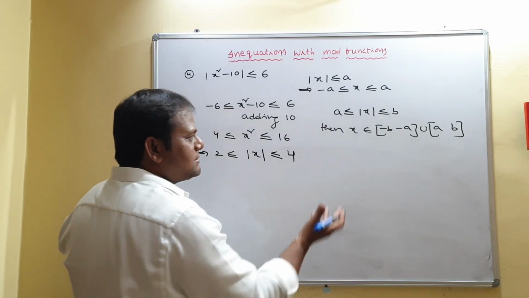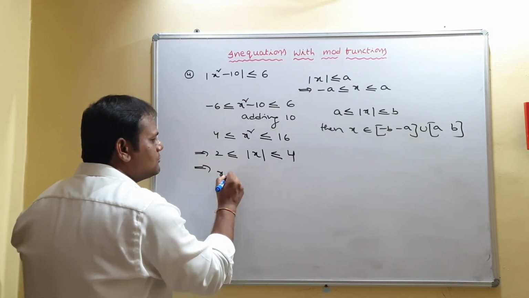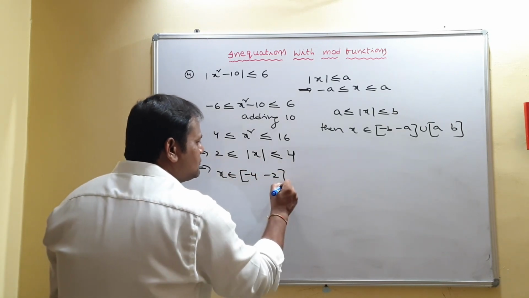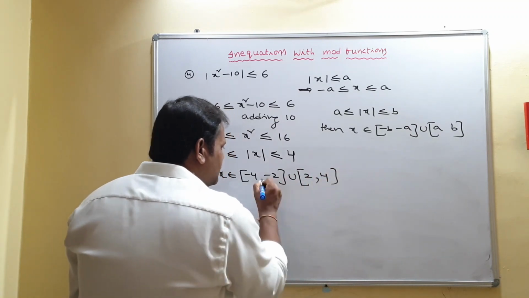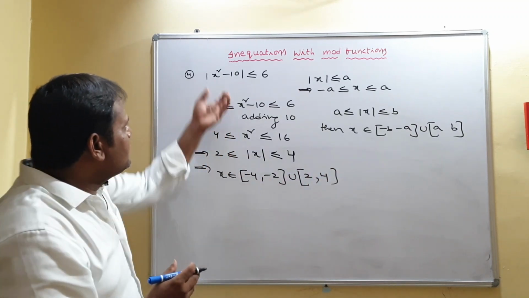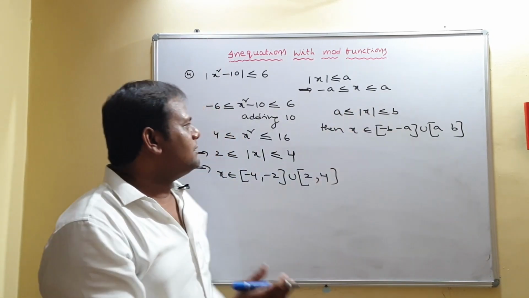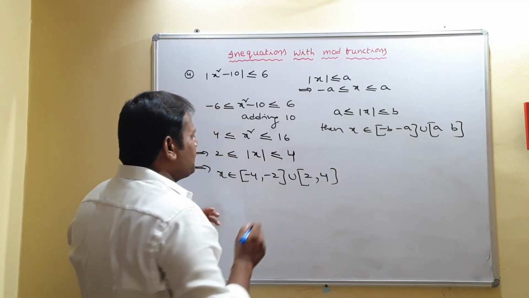You do the simplification and you get the same answer. So here x belongs to closed -4 to -2 union closed 2 to 4. This is the solution to this inequation. It is very useful. You remember that and easily you can do it. Even if you forget, it's not a problem.